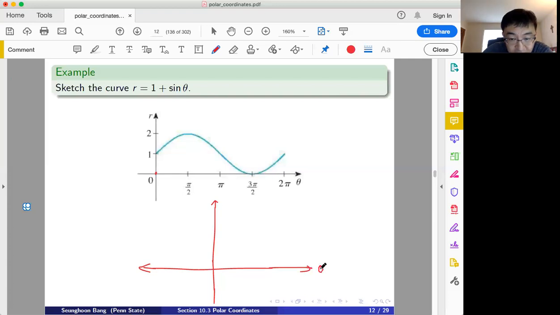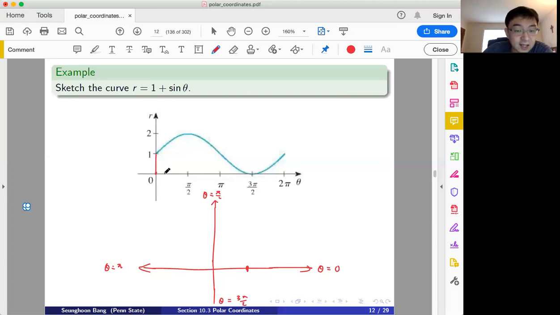This is theta equal to 0. Theta equals pi over 2 is this one. Theta equals pi. Theta equals 3 pi over 2. At theta equal to 0, the positive x-axis, the length is 1. This point.